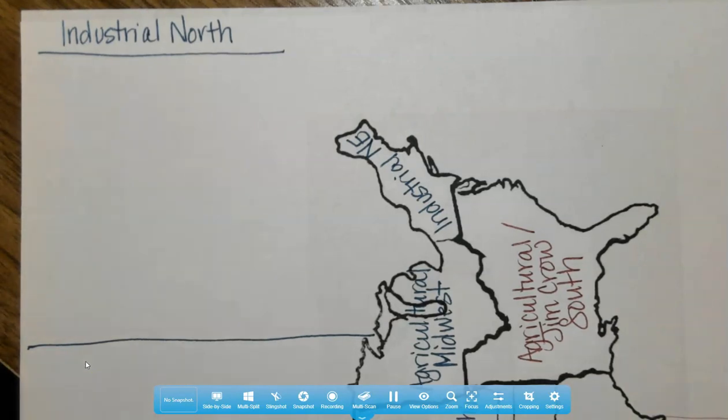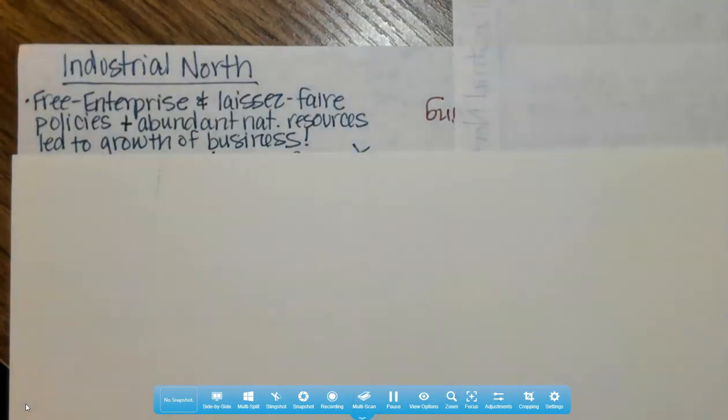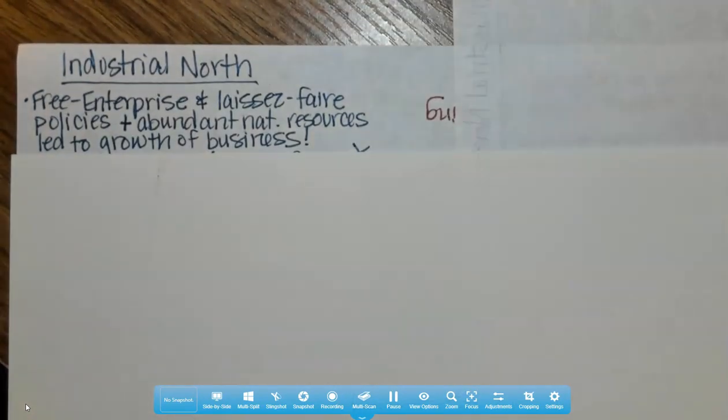All right. So when we're talking about the industrial north, what are we talking about? So just for the sake of time, I'm going to write something and then I'll press play again, just so that you can still hear when I'm talking about things. So when we're talking about the industrial north, we are talking about industry, okay?